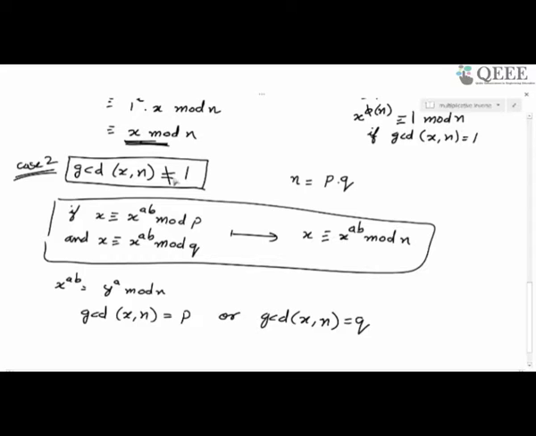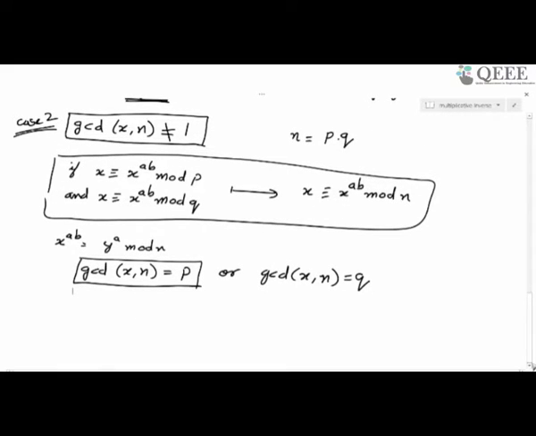Why? Because the only two factors of n are p and q. Therefore, if the GCD has to be not equal to 1, it has to be either p or q, because only p and q divide n. So without loss of generality, let us assume that the GCD of x comma n is equal to p, right? We can of course prove the same thing if the GCD happens to be q also.